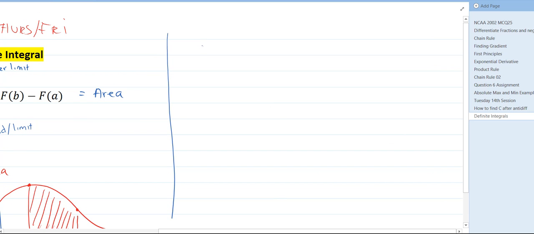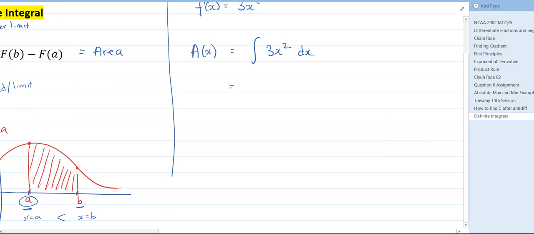Okay? Let's say f of x equals 3x squared. If you're finding the area function, okay, so the area function will equal the antiderivative of 3x squared dx.